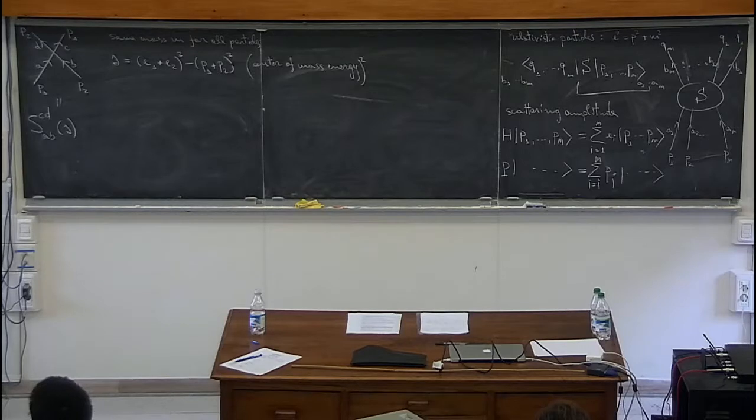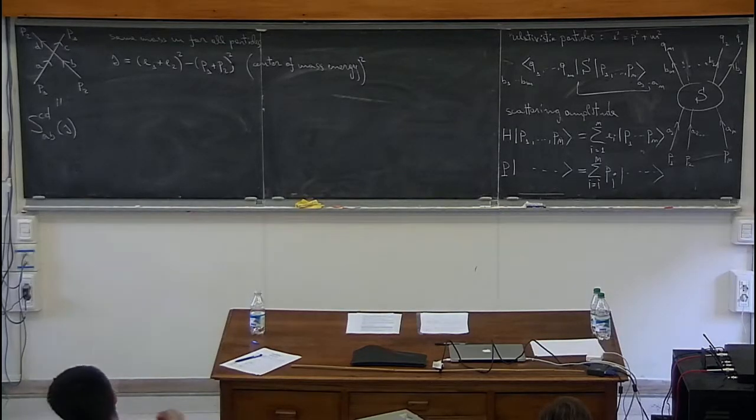Yeah, it stays the same because, as I said, in 2 dimensions we have 2 conservation equations, one for energy and one for momentum. Momentum has a single component. And with these 2 equations, you have 2 unknowns. They determine completely the momenta of the particles in the final state.